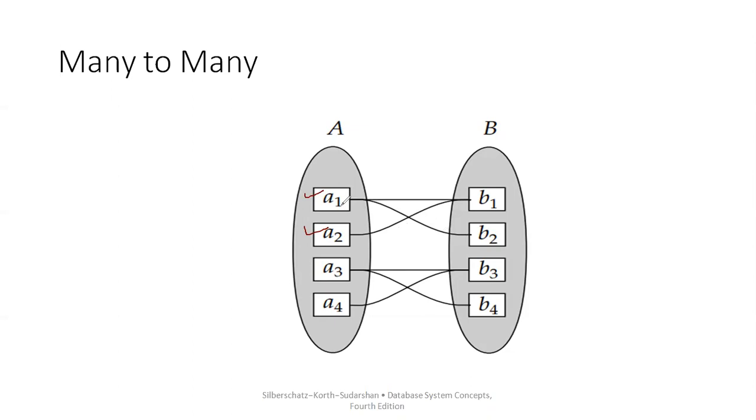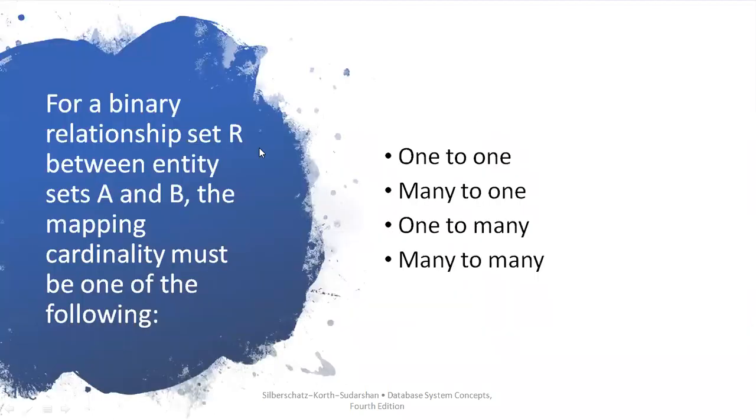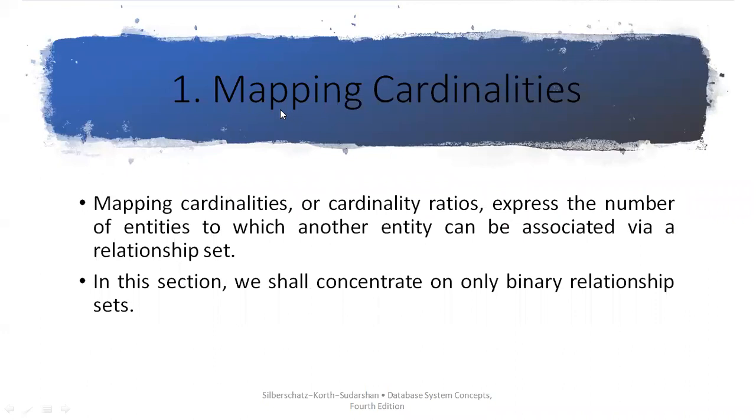That means A1, A2 are associated with B1, that becomes many-to-one. But A1 is associated with B1 and B2, this becomes one-to-many. And if it is the case, it becomes many-to-many. Got it? So this is how mapping cardinalities work. I hope you understood this.